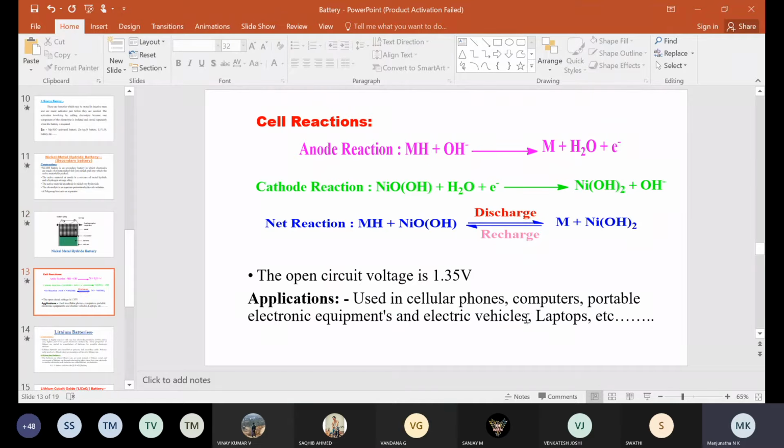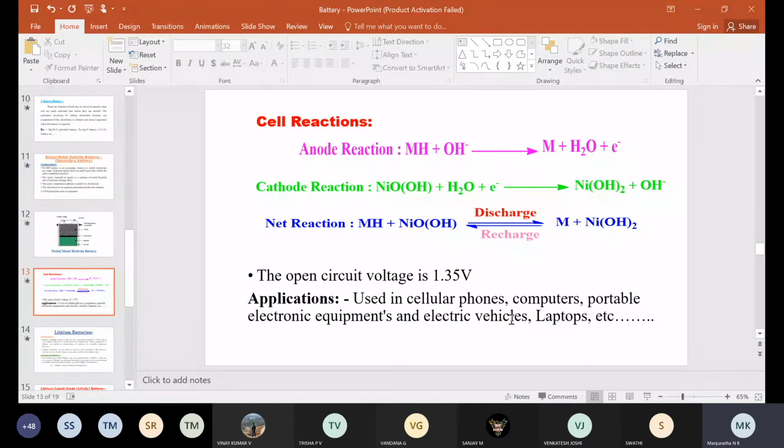Yes, sir. Now you can tell me which is the anode material in the nickel metal hydride battery? Metal hydride with hydrogen storage alloy. Which is the cathode material? Nickel oxyhydroxide.